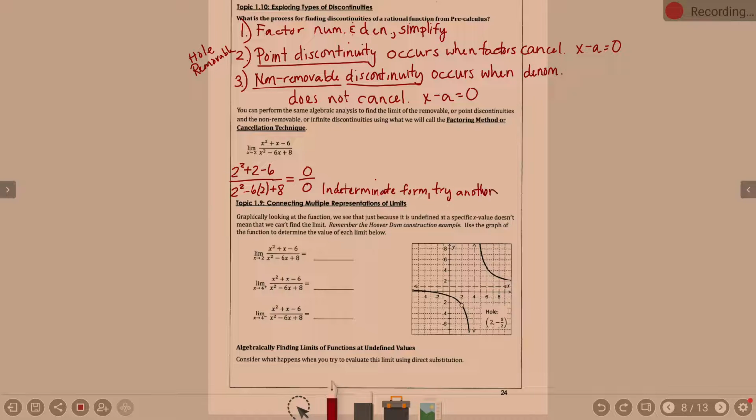Like try again, except not with the same technique. Try another technique. So, the other technique we are talking about here is to factor.